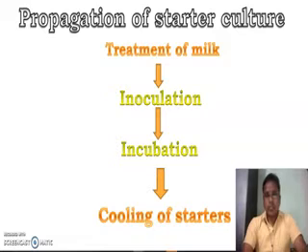Milk which contains antibiotics also should not be used. Milk which has bacteriophages also should not be used. So after selecting the milk, it is allowed for treatment. And why is the milk subjected to heat treatment?